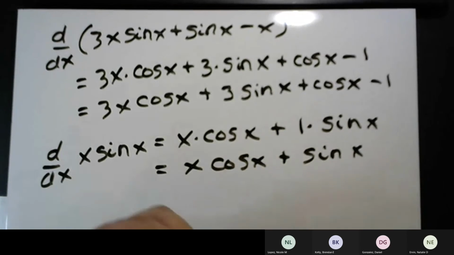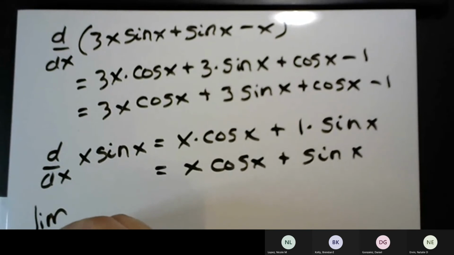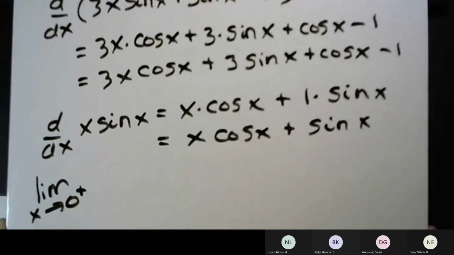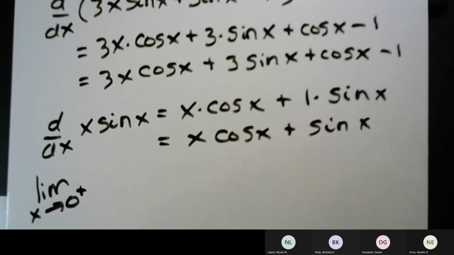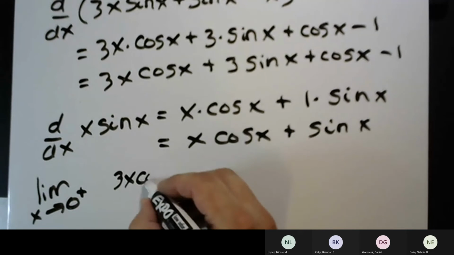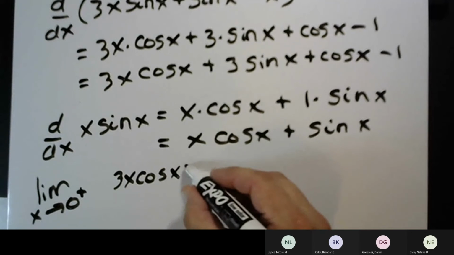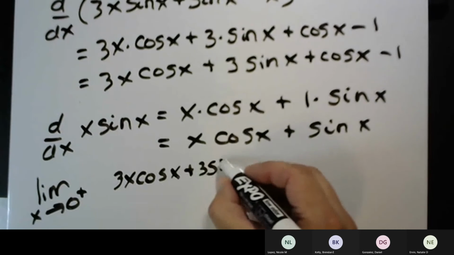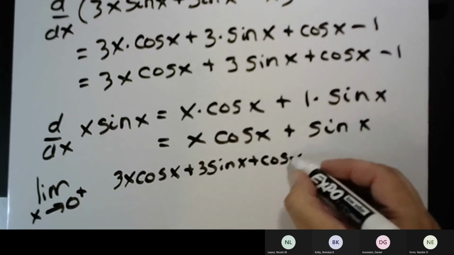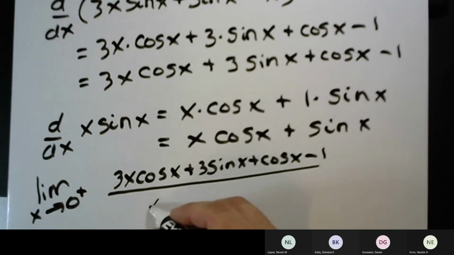So now what we're going to do is take the limit as x approaches 0 from the right of our numerator over our denominator.